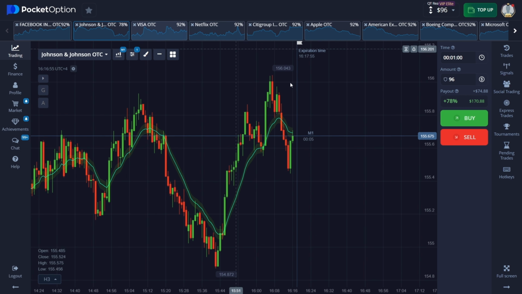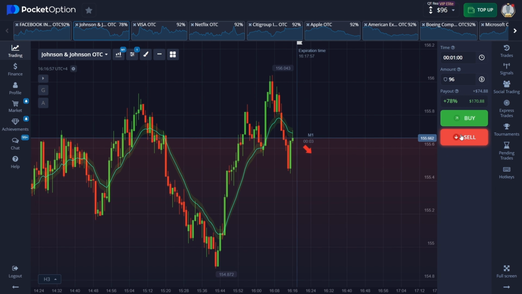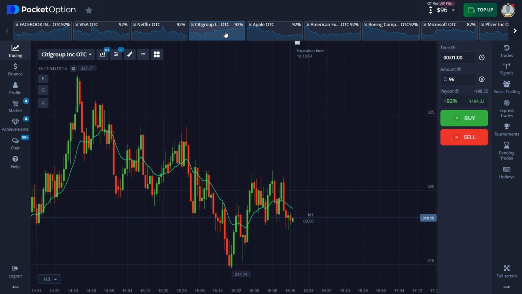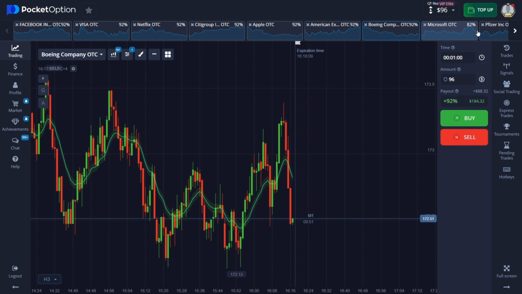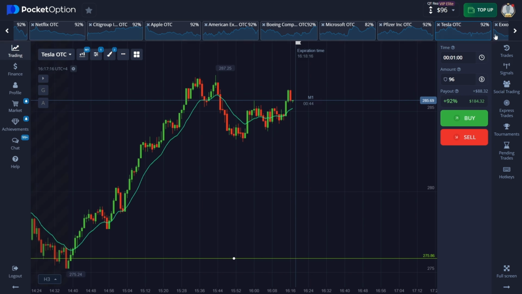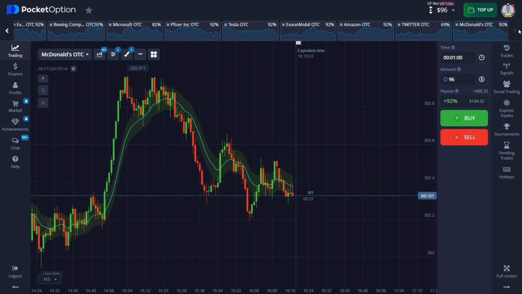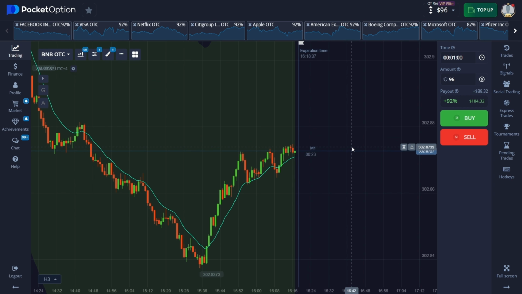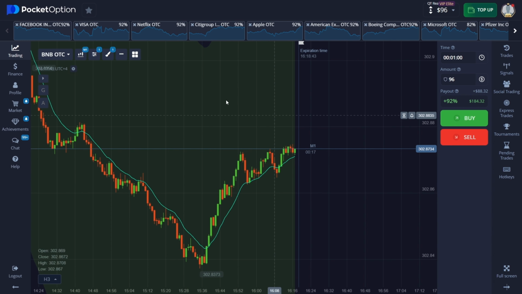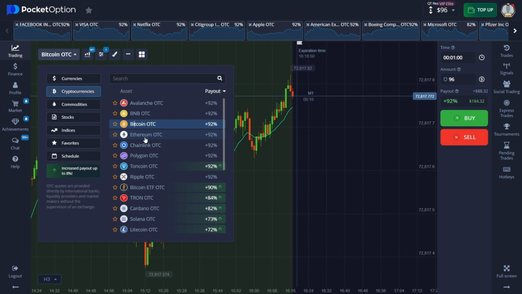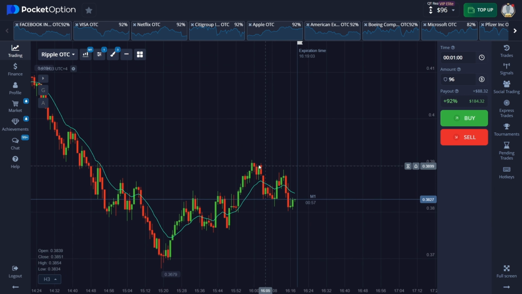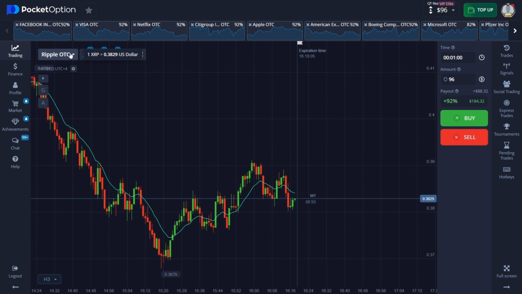Alright, I have a trade on Johnson & Johnson. If this candle closes near the line, I'll place the trade. However, the candle reversed and left a huge wick, so we'll avoid it. On Ripple, we had a potential trade for a downside move.